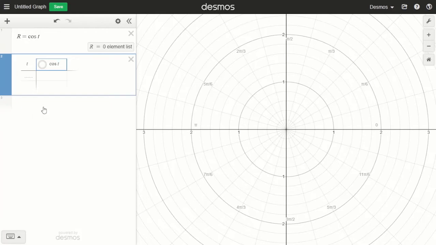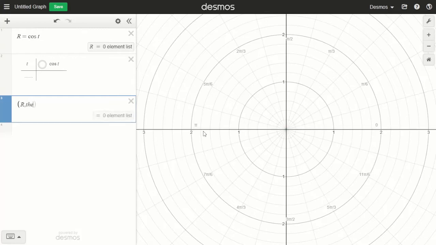I'm going to click into another empty command line. Desmos is still limited in terms of putting in the actual polar coordinate points; Desmos will not understand r comma theta. So I have to give my point as x and y coordinates in rectangular coordinates.